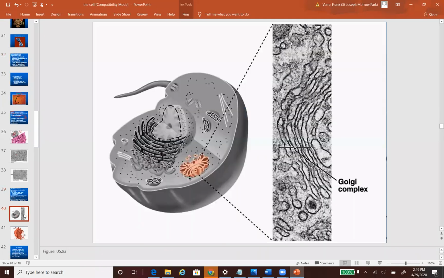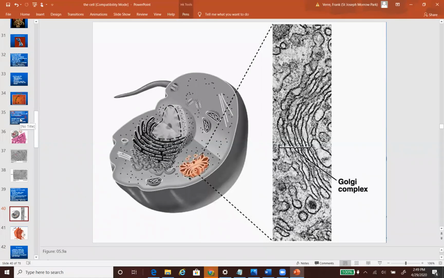Actually, let's just mention one more thing and then we'll wrap up, because this is related to what we were just talking about previously with the smooth ER. We just distinguished the difference between the smooth ER and the rough ER. So going back to the rough ER, we said it has a similar job to what the free ribosomes do.